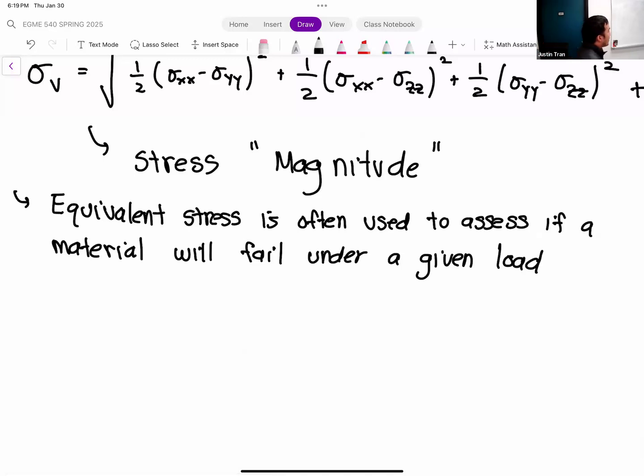If you have a part, you expose it to loads and constraints, you're oftentimes curious to see: is this part going to fail? Is this part going to break, and so on and so forth?